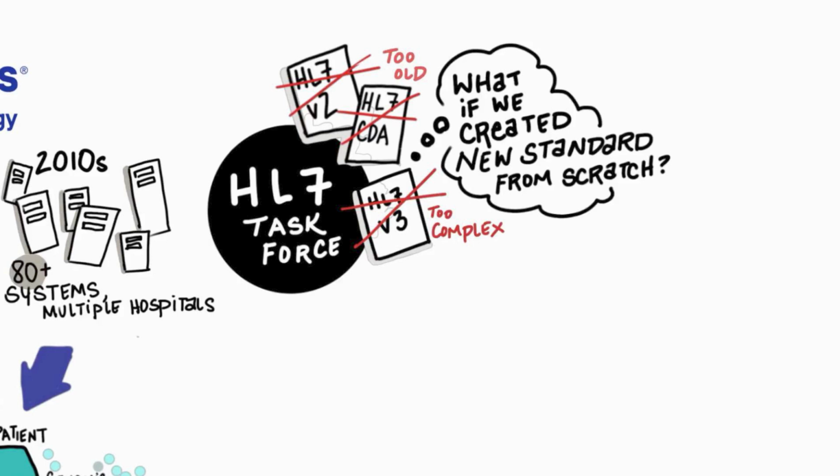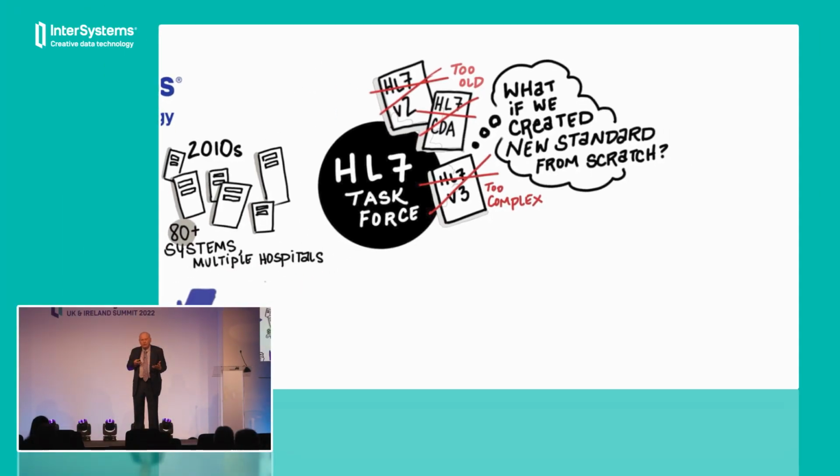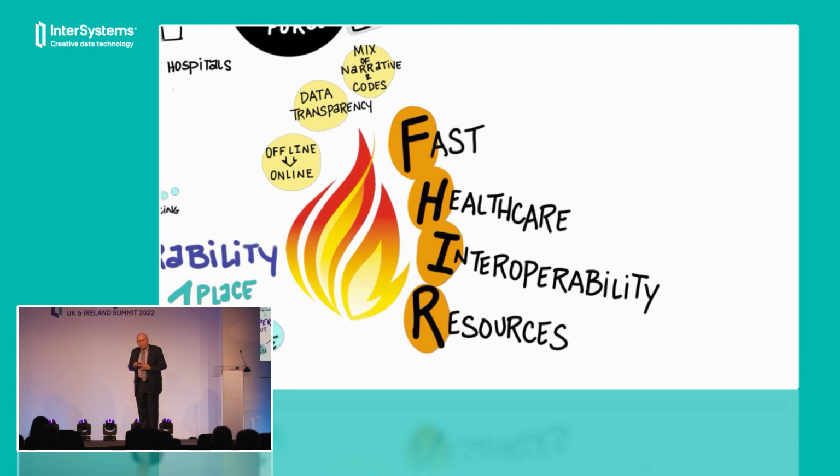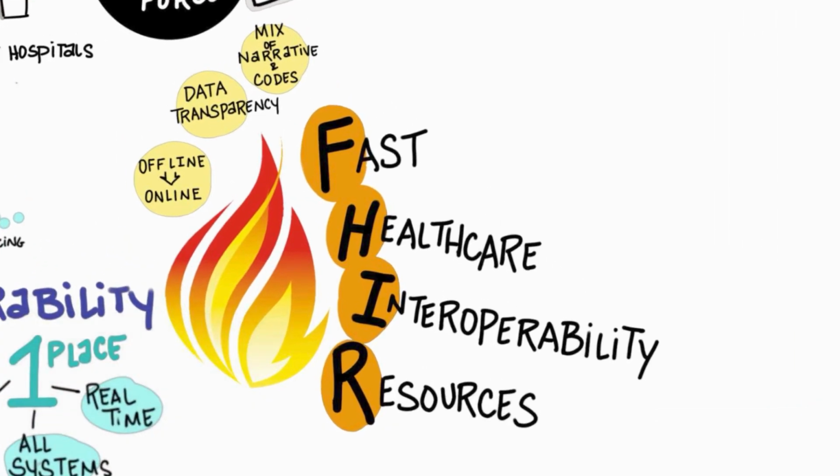HL7 version 2 was not able to connect across systems. HL7 version 3 had been so complex that there was not much uptake. It never was implemented. And the CDA standard, the document standard, was not created to exchange data. It was created to make documents electronic and usable by clinicians. So a gentleman in Australia, Graham Grieve, came forth with a proposal that is what we now call FHIR, Fast Healthcare Interoperability Resources.